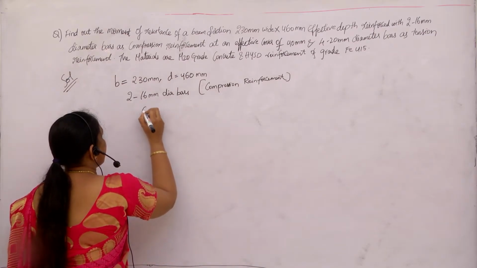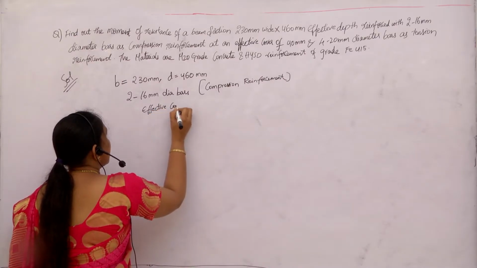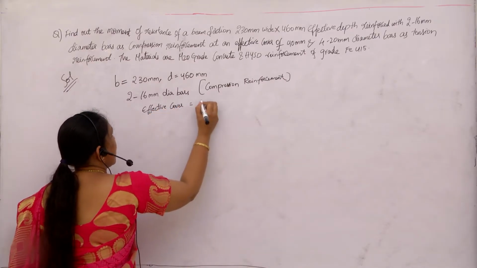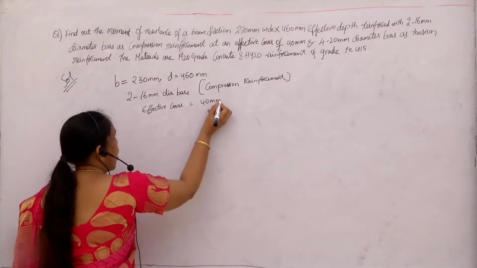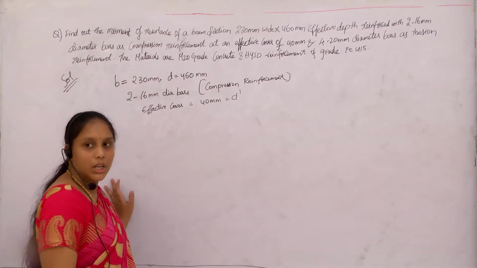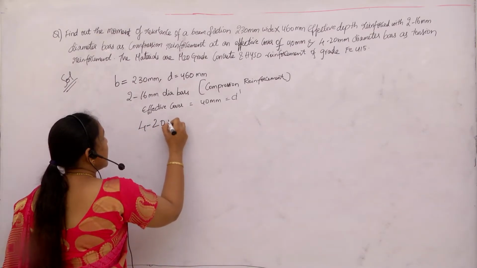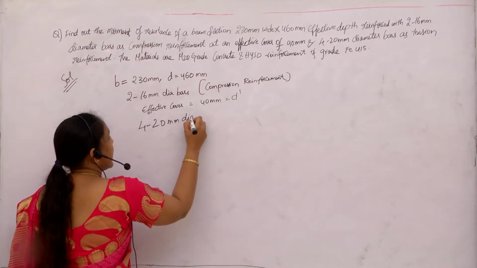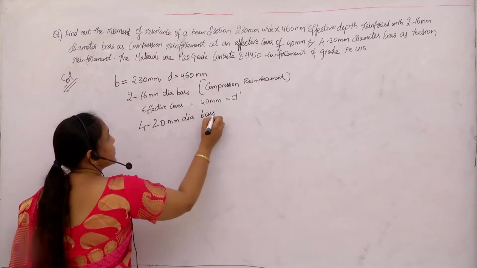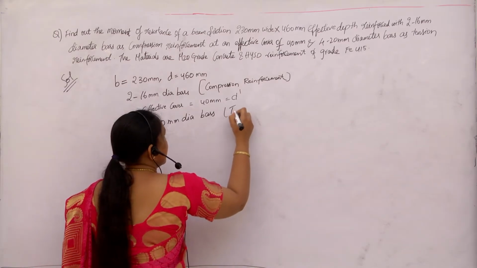That is, the effective cover, how much is it? 40 mm, or the d dash. d dash will also be 40 mm, and you have 4 20 mm dia bars as tension reinforcement.